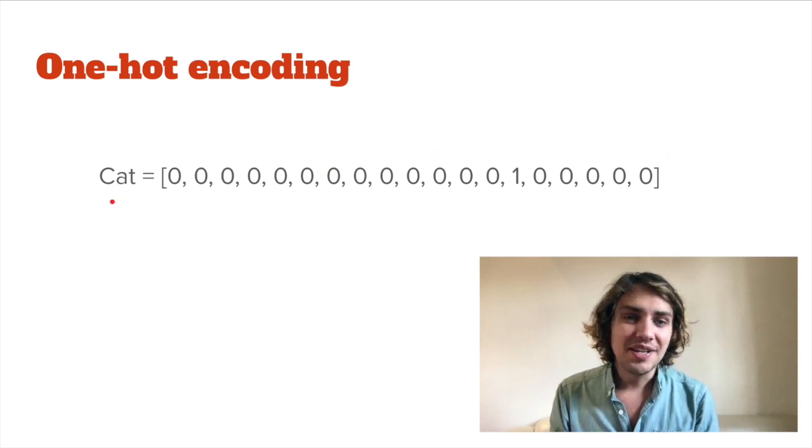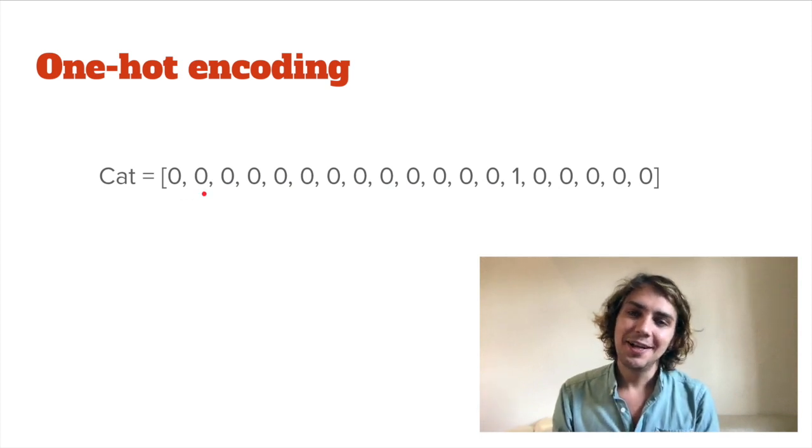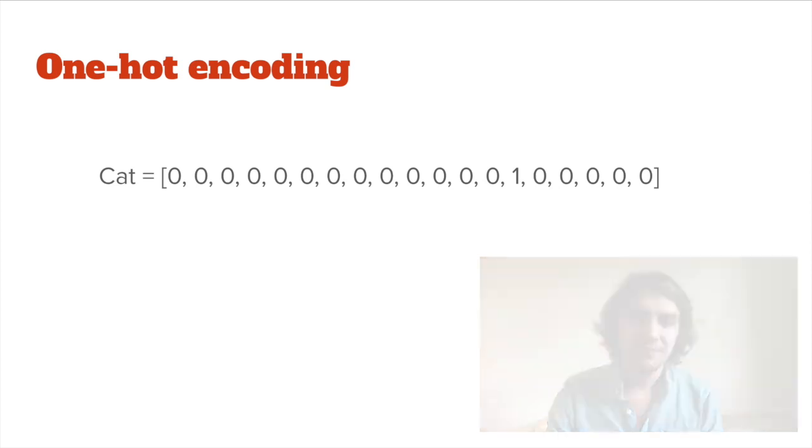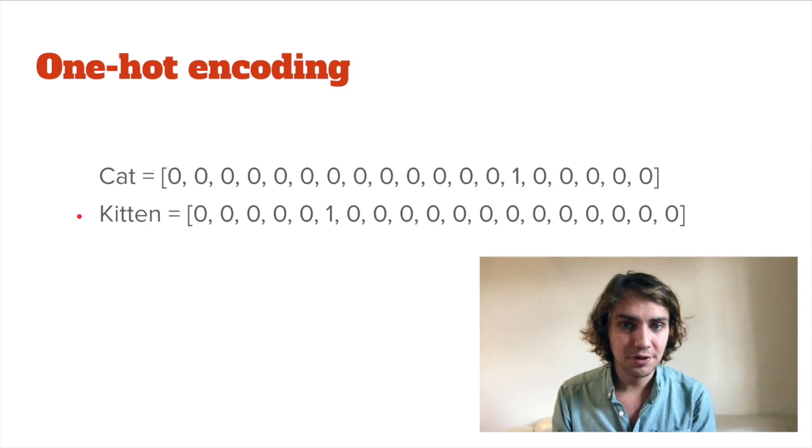Now, the problem is, even though we have a numerical representation of the word cat here, it doesn't help us much. If you know anything about linear algebra, for instance, you might say, well, that's interesting. We have a vector for both the word cat and now for another one, say kitten. Can't we do anything with these two vectors?